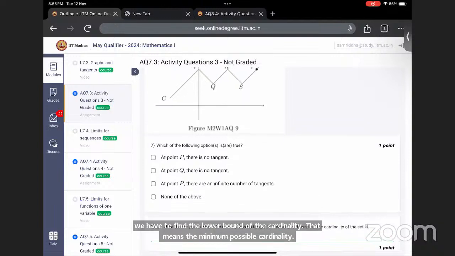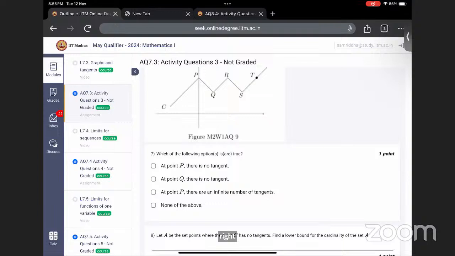Yes, ma'am. So we have the curve C, and we have 5 points given here, right? Can you tell me at which points given on the curve the tangent is not defined? You have to mention all the points at which the tangent is not defined.